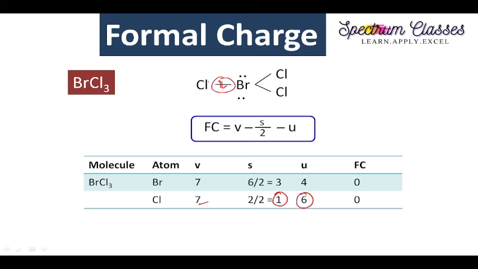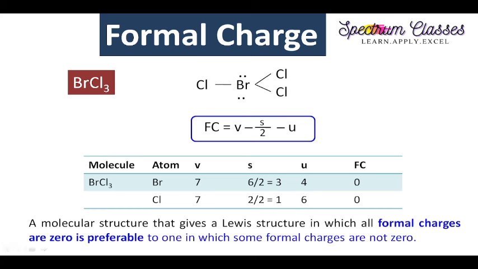Out of this 7, 1 electron is shared for bond formation and 6 electrons are left. So simply 7 minus 1 minus 6, and we have 0. The molecular structure that has 0 formal charges is preferable. So in this formula we have 0 charge on both the atoms: this has 0 and these chlorines also have 0. Such a molecule is preferred.